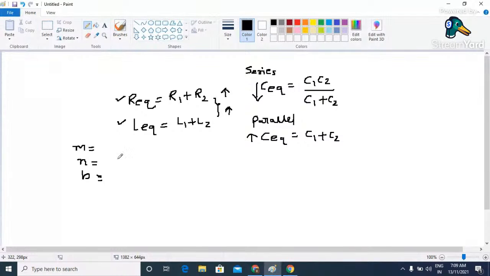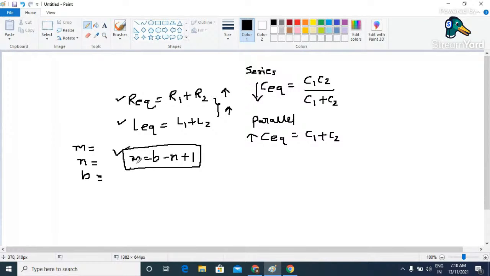Finally, we wrote a mathematical equation between all these three parameters: mesh is equal to branch minus node plus 1. This is very important, and it is applicable to every physically possible network. That means m equals b minus n plus 1, where m is mesh, b is branch, and n is node.